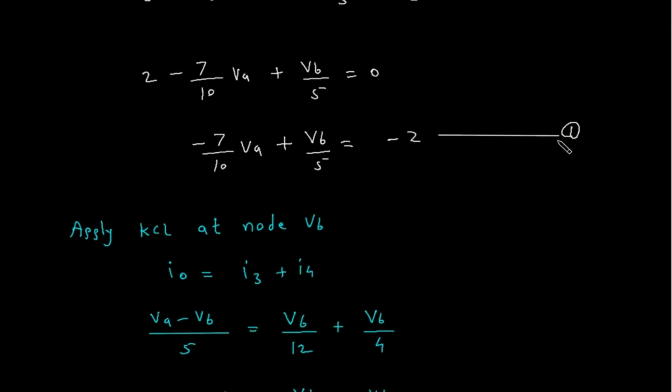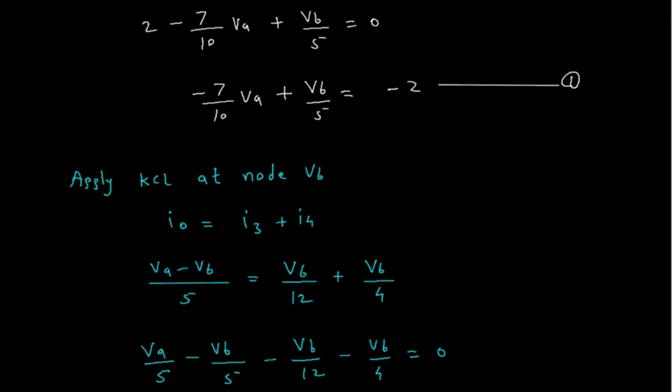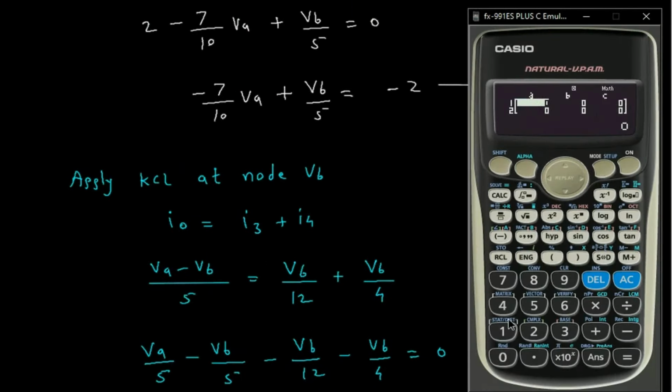Now we have equation number 1 and equation number 2. So solving equations 1 and 2, we get minus 7 by 10, 1 by 5, minus 2.